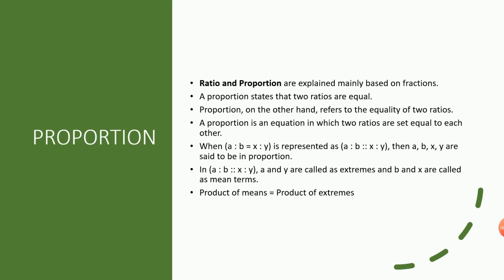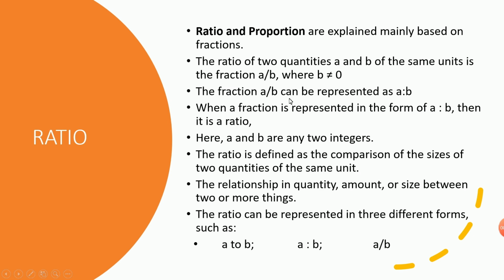So moving on, proportion. If you look at what proportion is, in ratio we have the comparison of the sizes of two quantities, that is, in a simple statement, the ratio of two quantities A and B of the same unit.